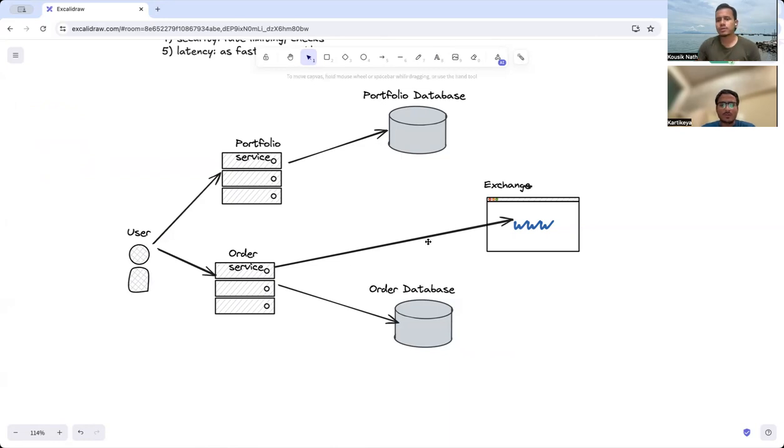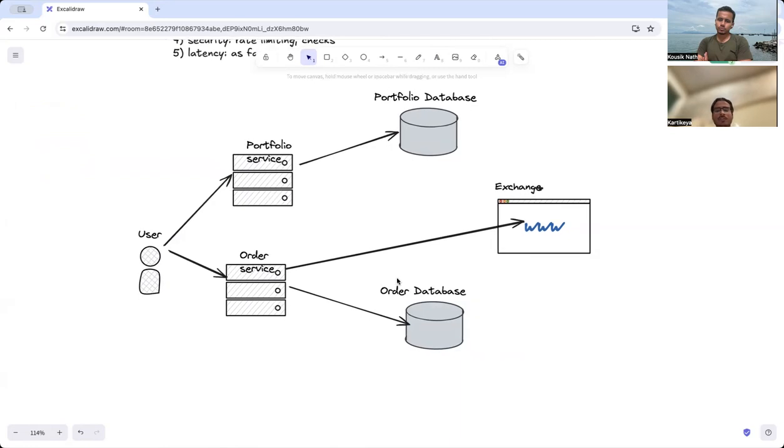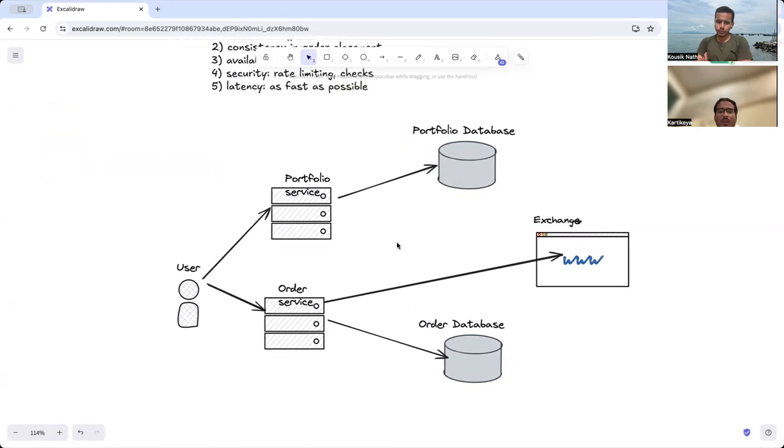So the order was sent to the exchange, and maybe in parallel or before sending to the exchange, we had put the order in the database. This is something that we can talk about later.